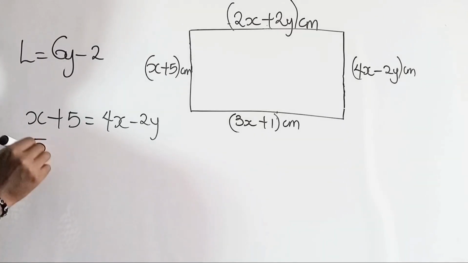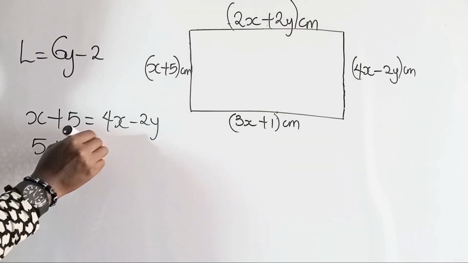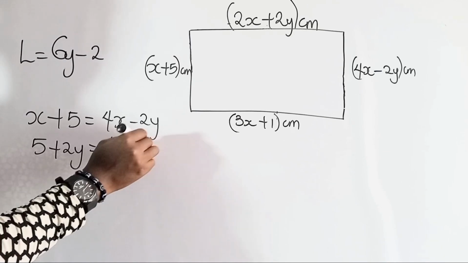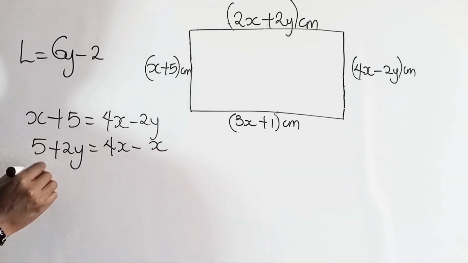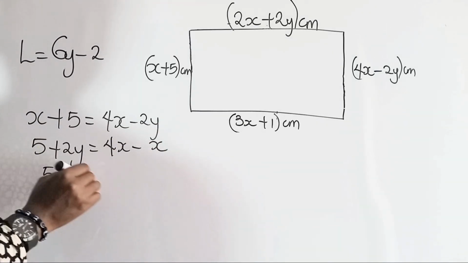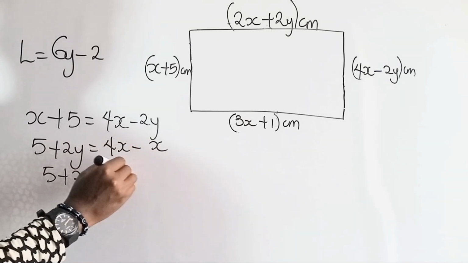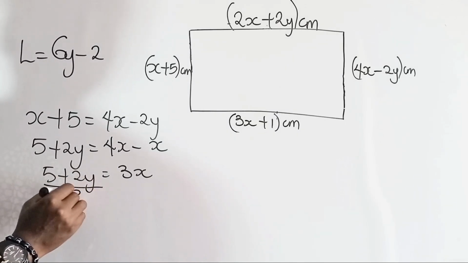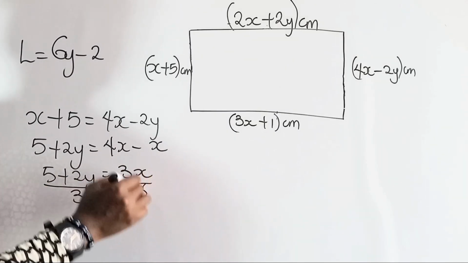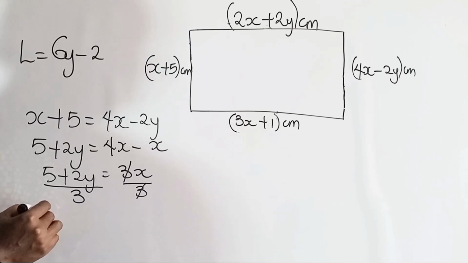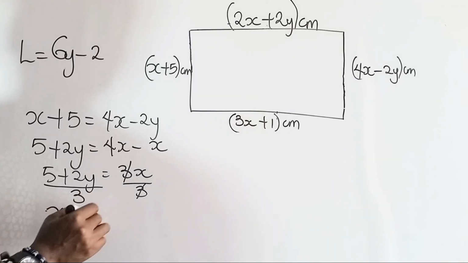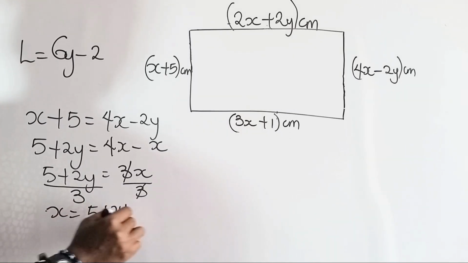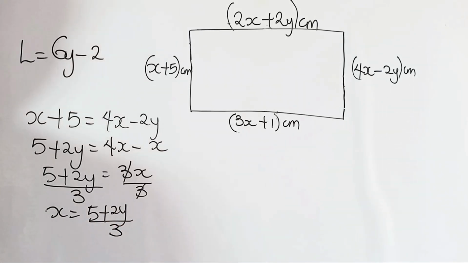So we have 5 plus 2y equals 4x minus x. 5 plus 2y will remain, and we have 4x minus x to give us 3x. We are making x the subject, so we divide both sides of the equation by 3. These 3 will cancel out, so we have x equals (5 plus 2y) all over 3. Take note of this value.